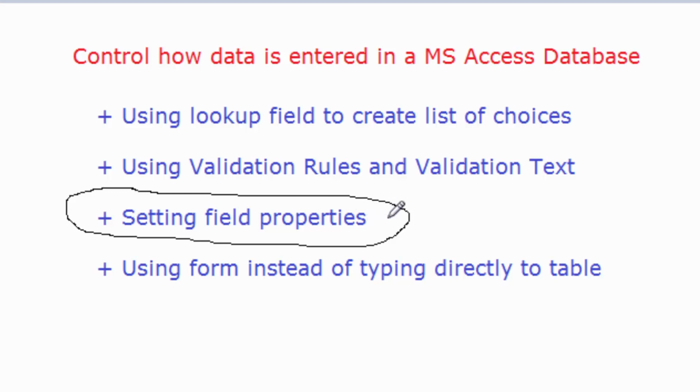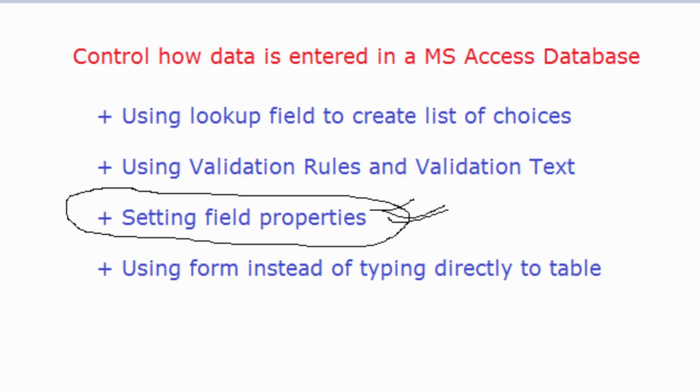I can set the property of the phone number field to accept up to 10 characters, but not more. So in that case, I'm setting only the field properties of a certain column in the MS Access table.